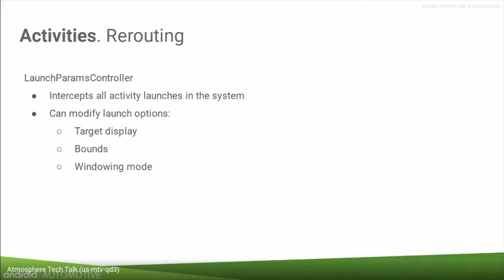In some cases, you may want to always show specific activities on specific screens. And in other cases, you may want to conditionally reroute an activity launch to a different screen. The launch params controller class is actually a very powerful tool that allows you to do both. The way it works, it intercepts all activity launches in the system and gives you a callback, allowing you to modify the activity launch and modify the parameters.